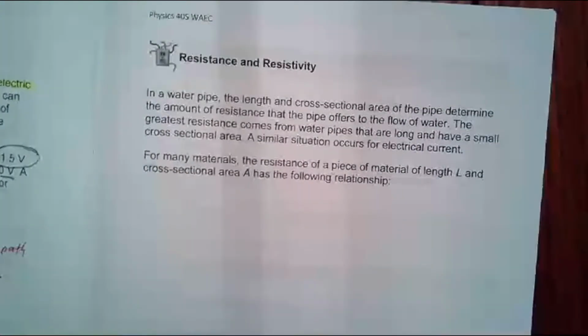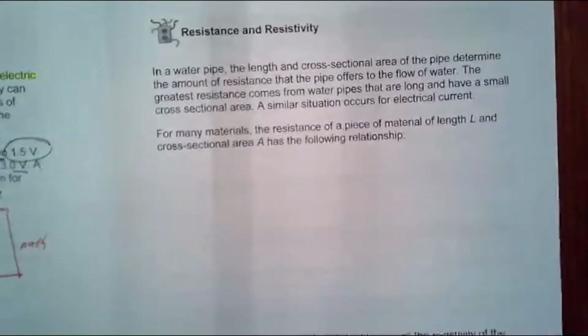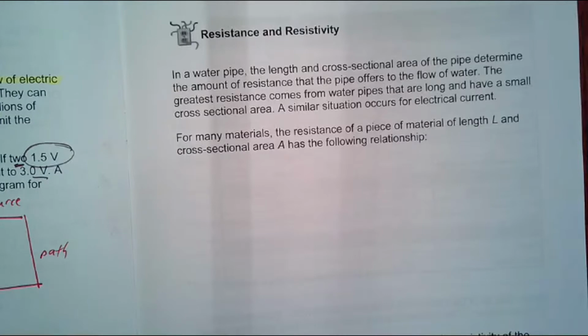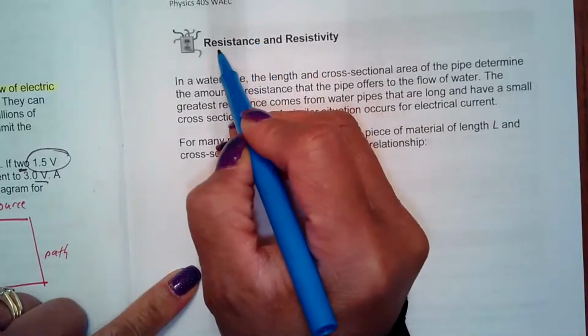Resistivity is not the same as resistance. We know that resistance is the slowing down, or the resistance to the flow of current, how much the material resists the flow of current. What is resistivity? Okay, let's define these words.